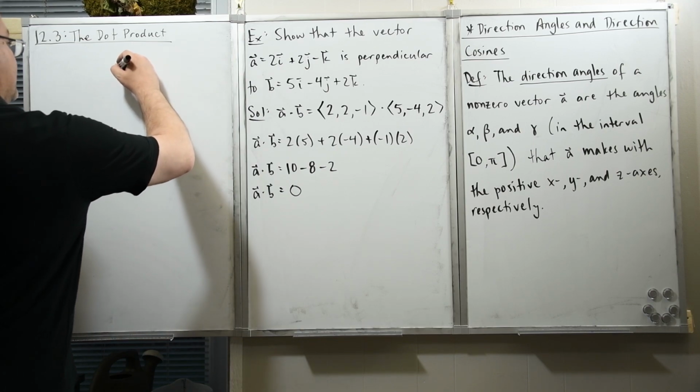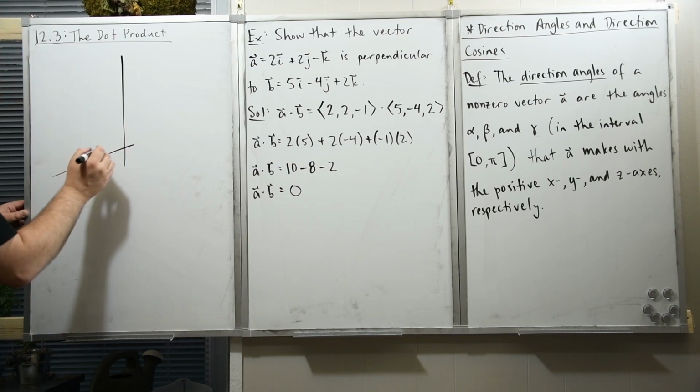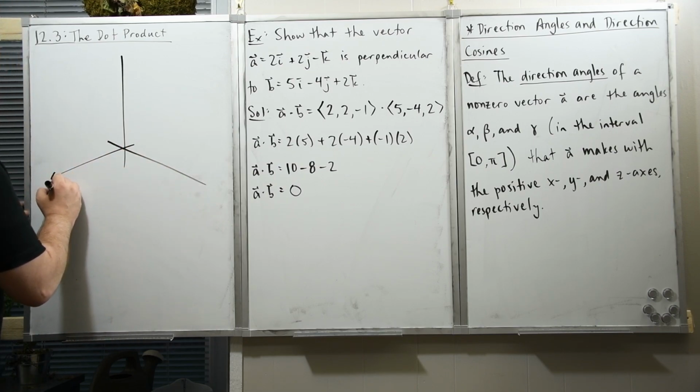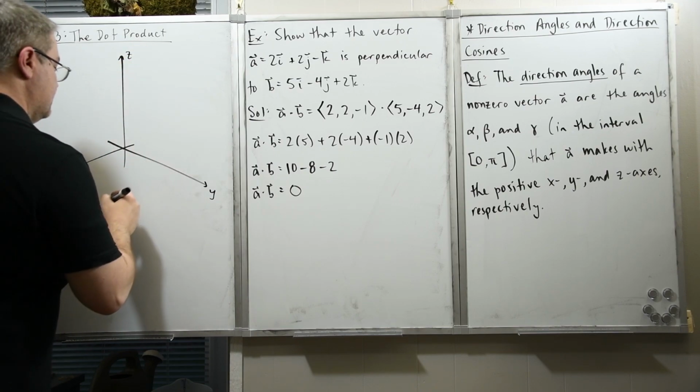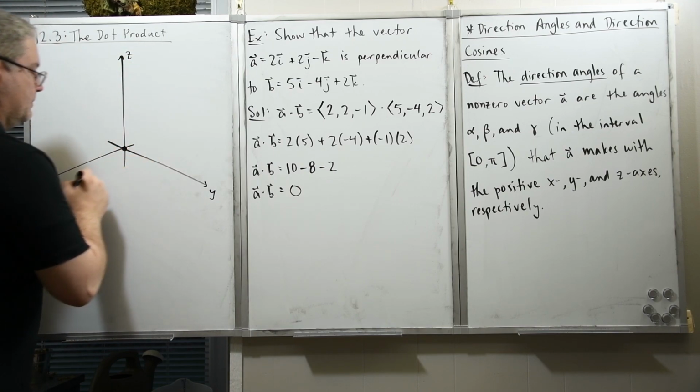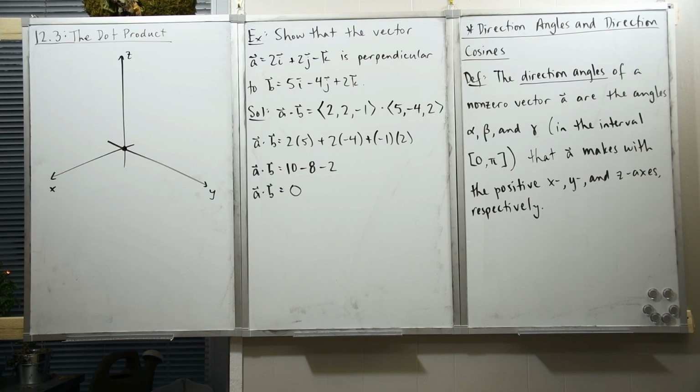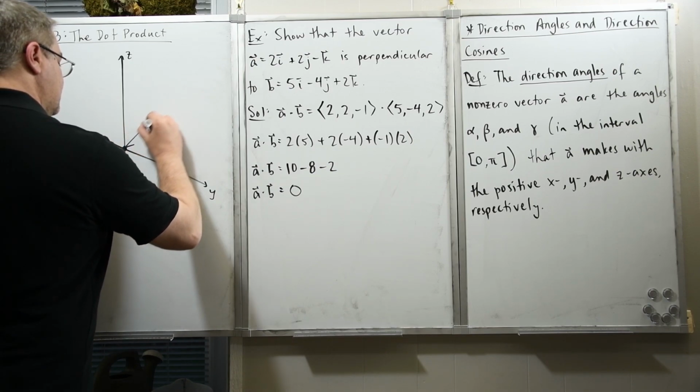So let's take a look at a diagram. And let's suppose that we have some sort of vector A, and maybe that vector A looks something like this.